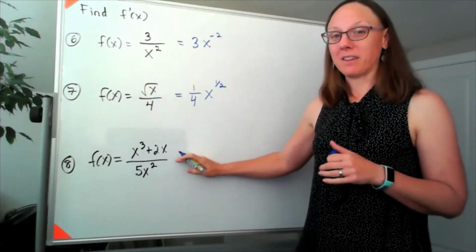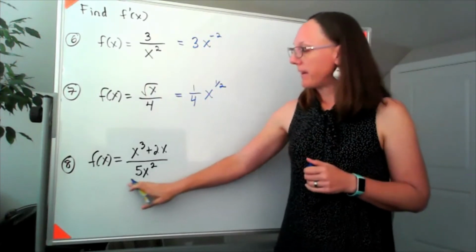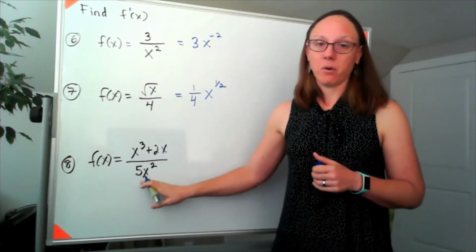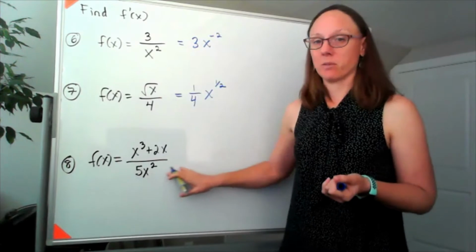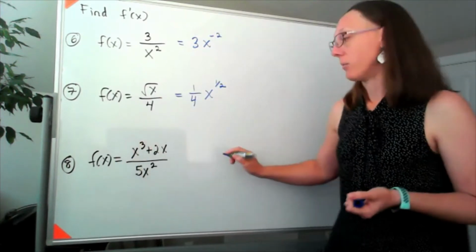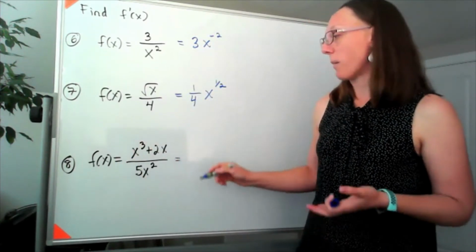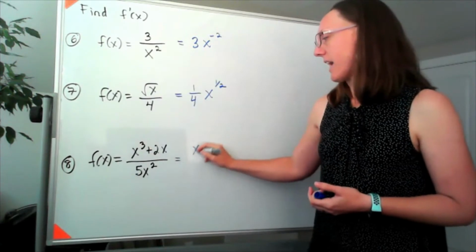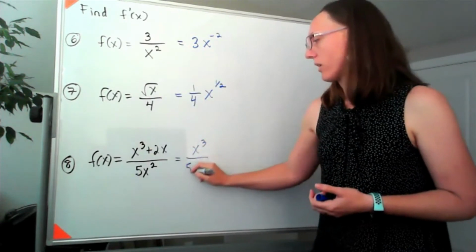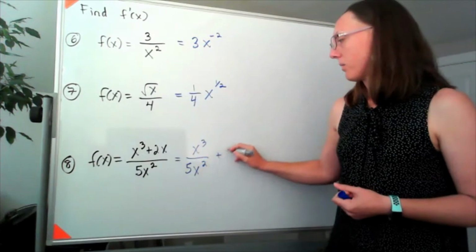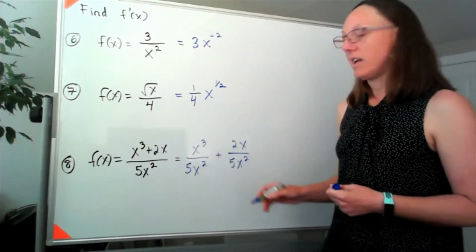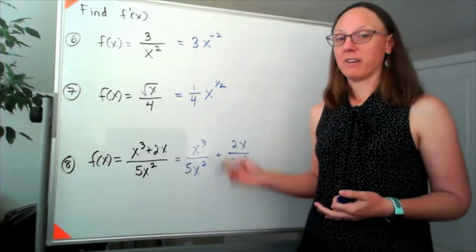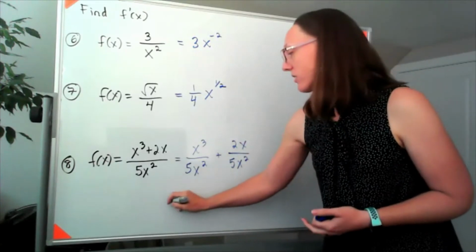This one might be a little bit trickier to see. Because I have a single item, a monomial, on the bottom, I don't have any addition or subtraction. This I can break apart as 2 separate fractions to say x cubed over 5x squared plus 2x over 5x squared. And then before I take a derivative, I can simplify each of those.